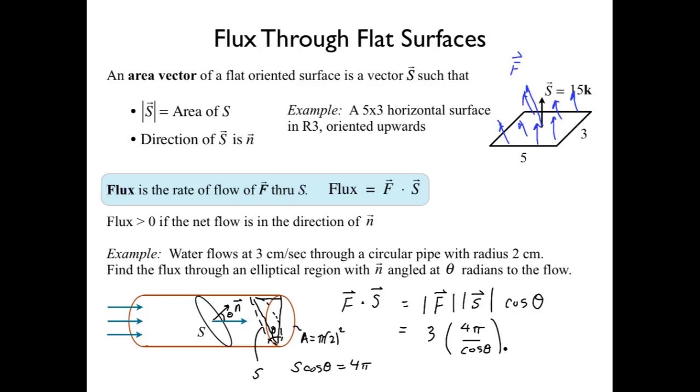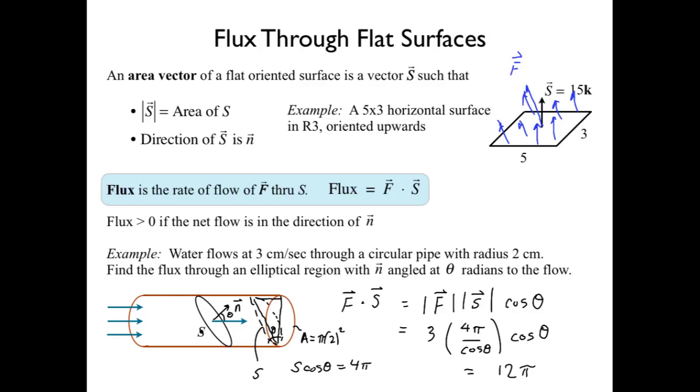But then in the dot product formula, we also have cosine theta. So what's the moral of the story here? It doesn't really matter how this thing is angled.